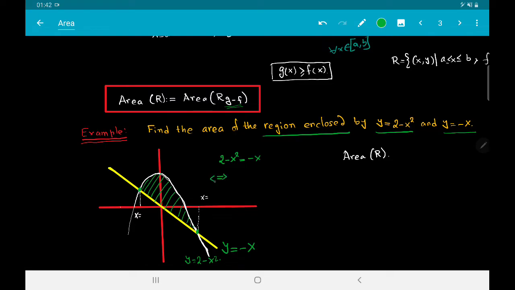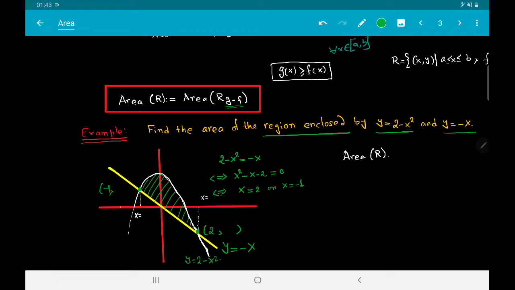This happens if and only if x squared minus x minus 2 is equal to 0, and this happens if and only if x equal to 2 or x equal to minus 1. Of course this point is given by x equal to 2. The first coordinate is 2, that we know; we will determine the second coordinate in just a moment. And here we know that the first coordinate is minus 1.